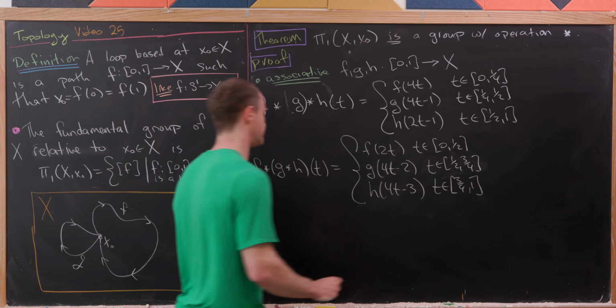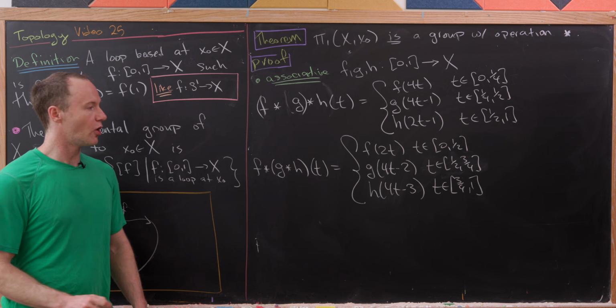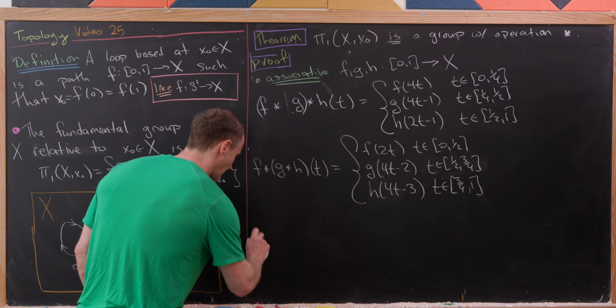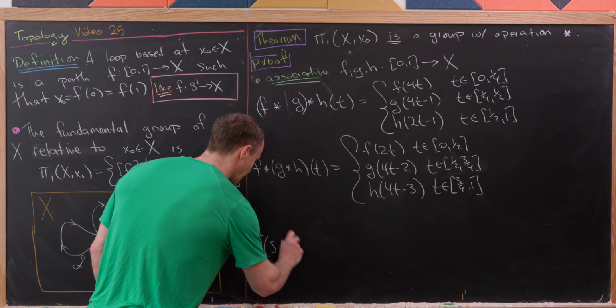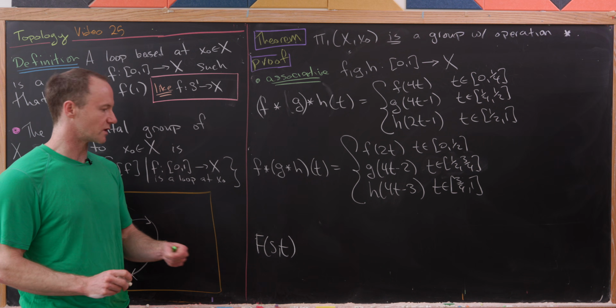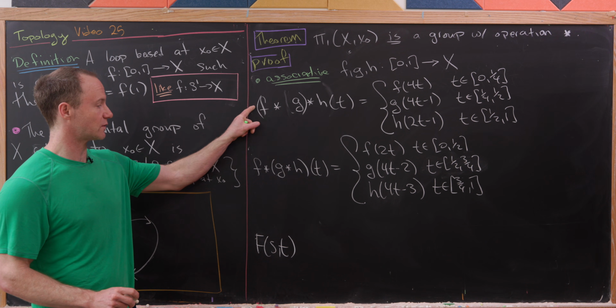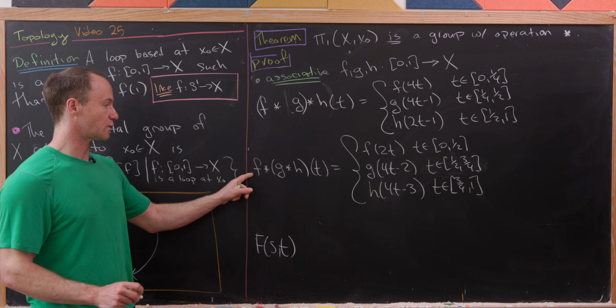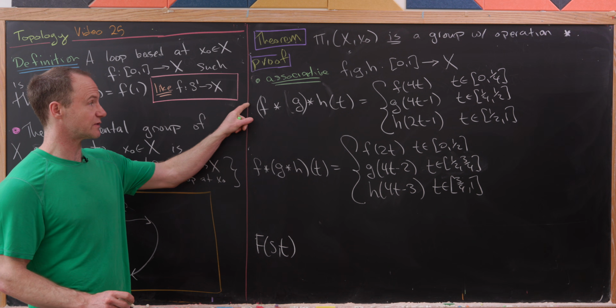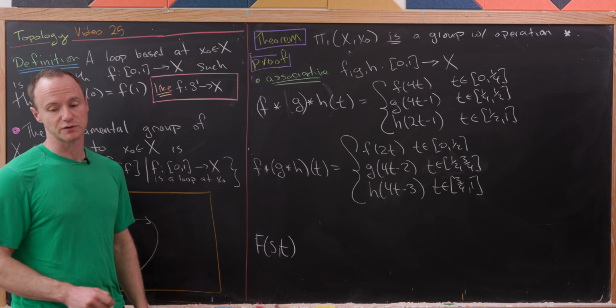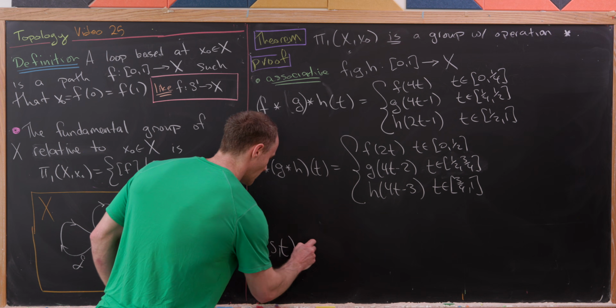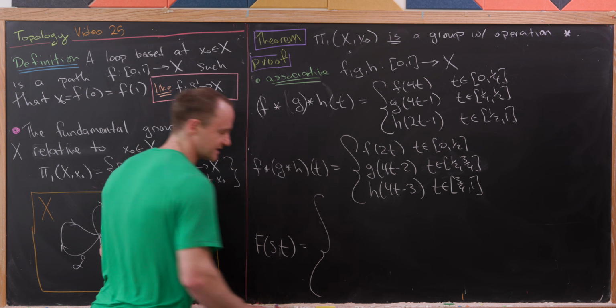Okay, so now we need to find a homotopy between these. So I'll write it down and then you can check that it does what we want. In other words, if you plug in s equals 0, you'll get one of these. I believe it's this one. And if you plug in s equals 1, you get this one. So in other words, s equals 0 will give us the top, s equals 1 will give us the bottom. Okay. So let's see.